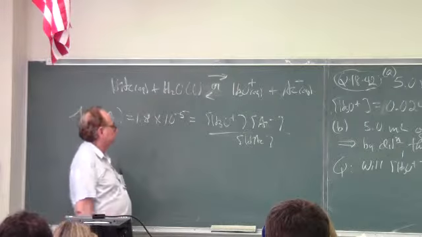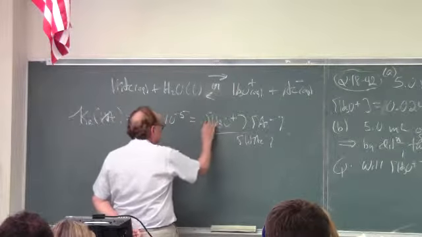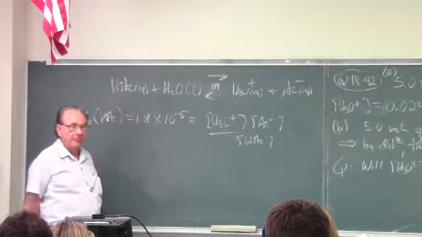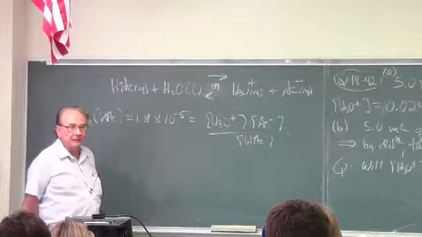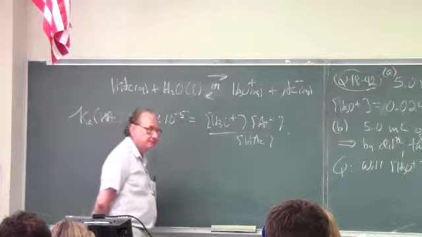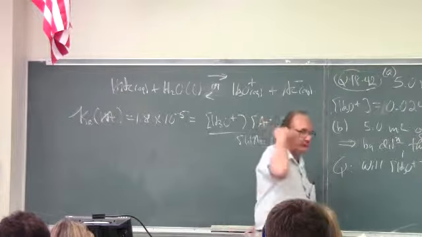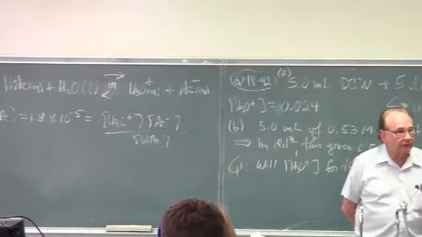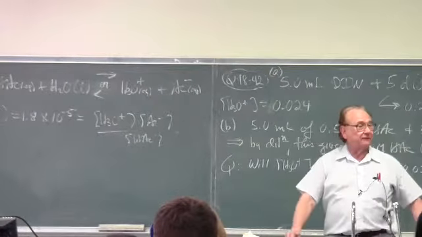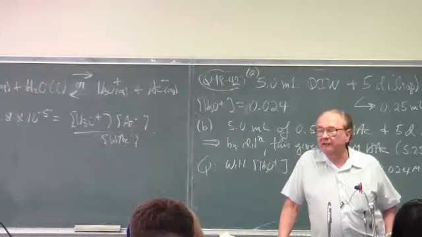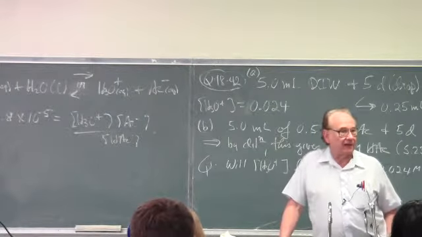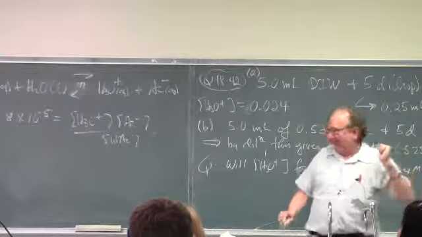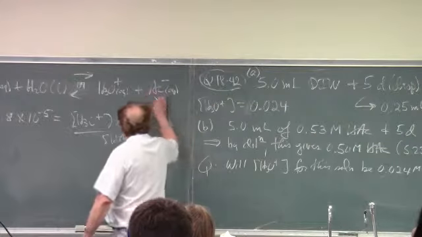Now then, let us make an algebra definition. Let us represent the molarity of acetate ion established by this equilibrium reaction. Because this system clearly contains acetate ion, and the only way it contains acetate ion is by establishment of this equilibrium. So I'm going to make an algebraic representation of the acetate ion molarity and call it wonderful X. Okay?